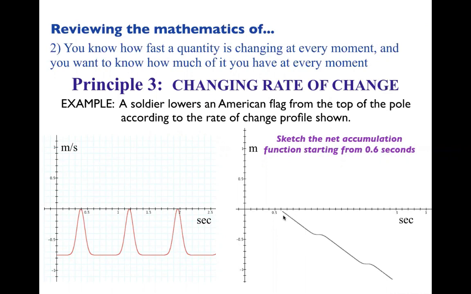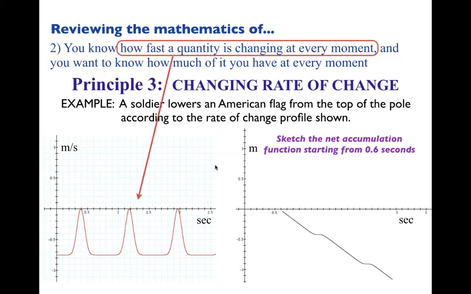Yes. Okay, so this is now the more realistic net accumulation graph based on the more realistic changing rate of change function. How fast a quantity is changing every moment is our rate of change function, and you want to know how much of it you have.